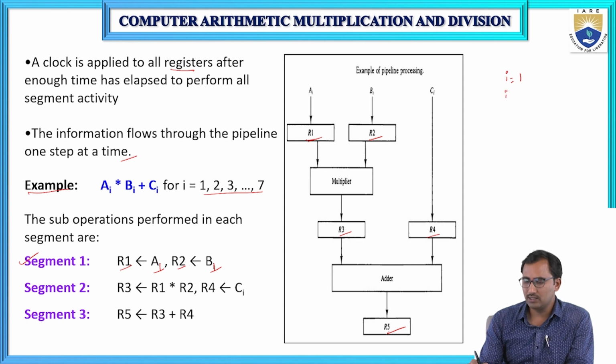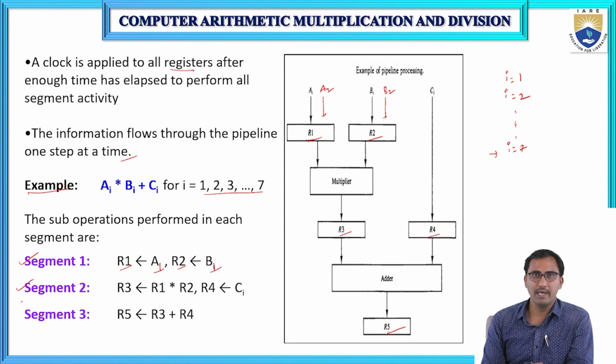After that, i is equal to 2, so A2 will be loaded to R1, and similarly B2 will be loaded to R2. Like that, it goes on until i is equal to 7, by which time we will get the final result of that expression.